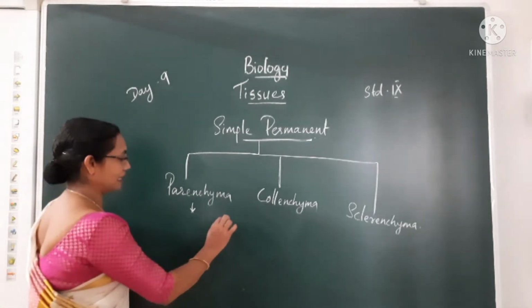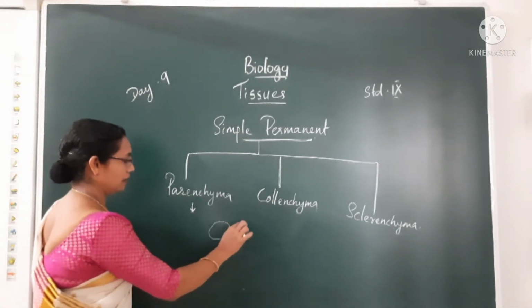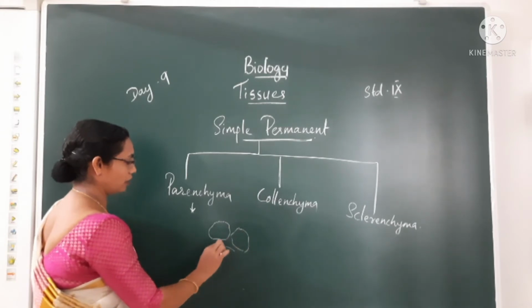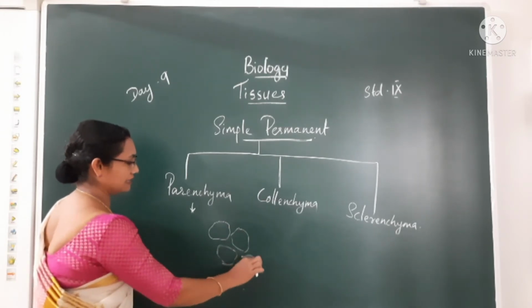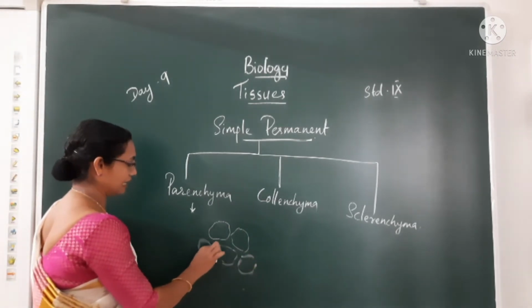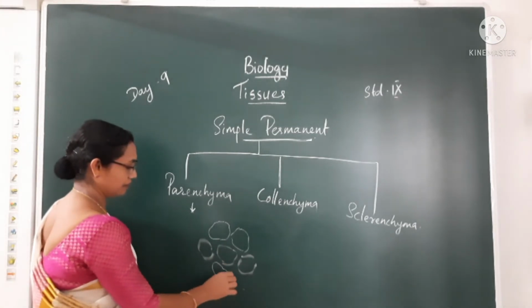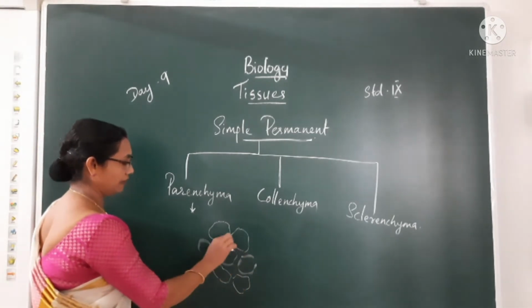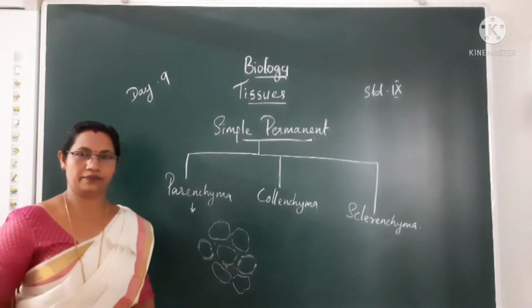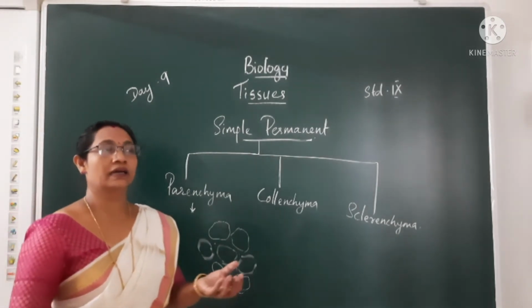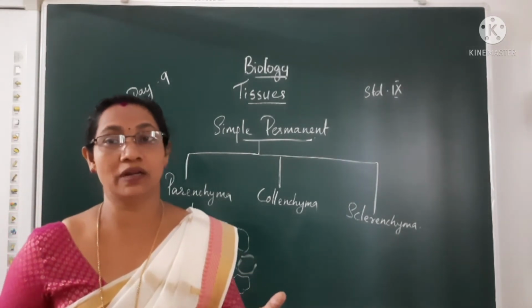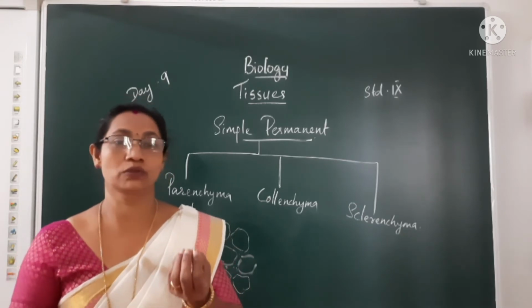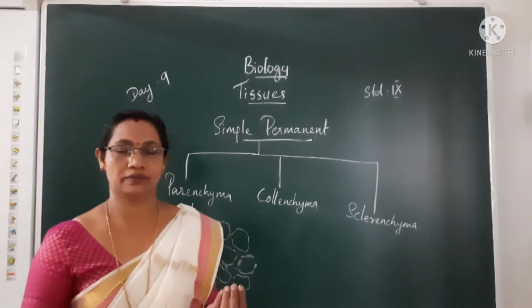These cells are round or oval shaped, and the cells are very loosely arranged. Mainly these parenchyma tissues are known as the packaging tissues or filling tissues.